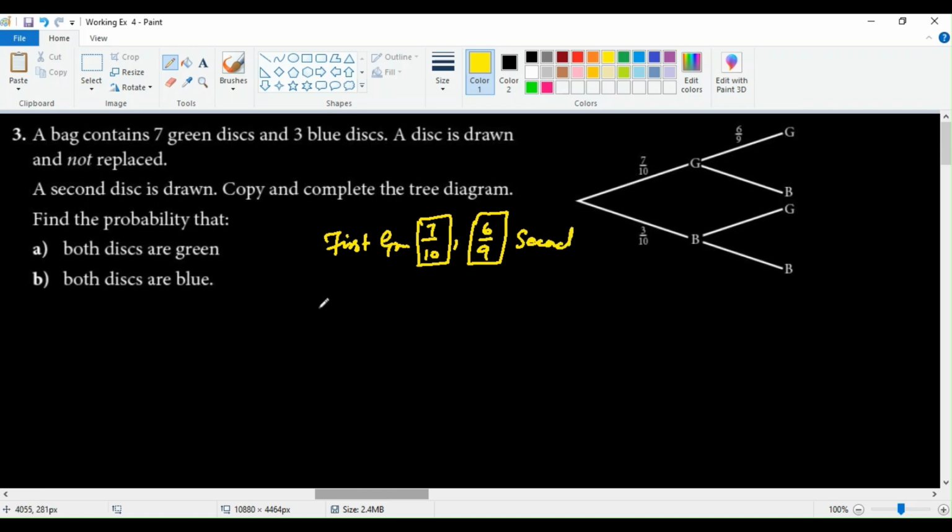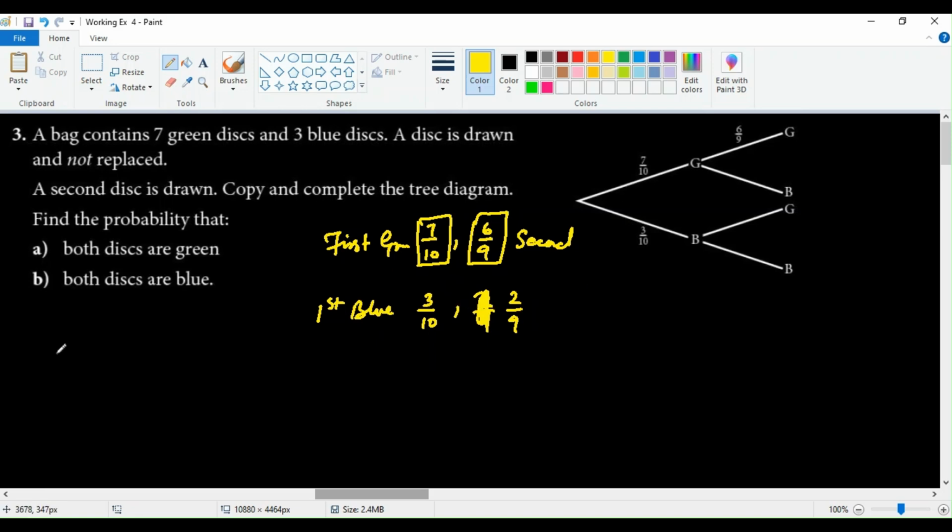Now first blue is going to be 3 over 10. Ultimately, second is going to be 2 over 9. Now this is the situation.